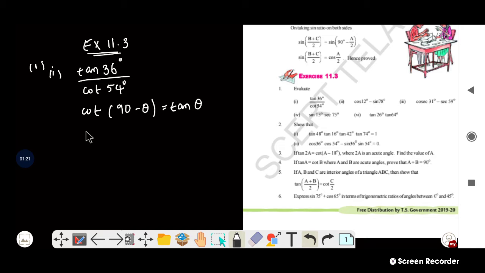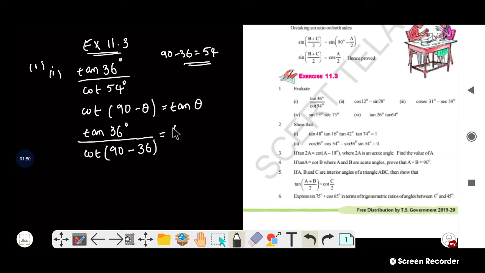So tan 36 as it is, you write 36 degrees divided by, here the cot, once you see cot 90 minus, how we can write this is 54. We got that 90 minus 36 is equal to 54. Is it right? So I am using 90 minus 36 instead of 54.